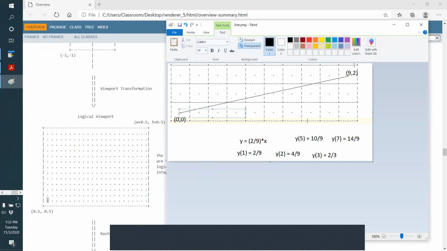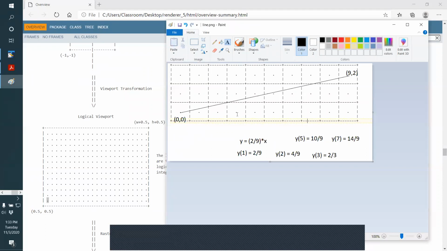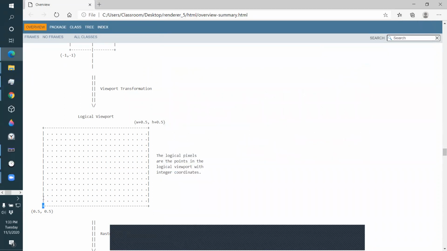When the other endpoint transforms to somewhere in that box, you round it to that logical pixel. Then draw the line segment from logical pixel to logical pixel. It makes the code a bit easier. So that guy, like you calculated, will round to there because 0.5 will round up to 1 and 0.5 will round up to 1, so you'll be at 1, 1.